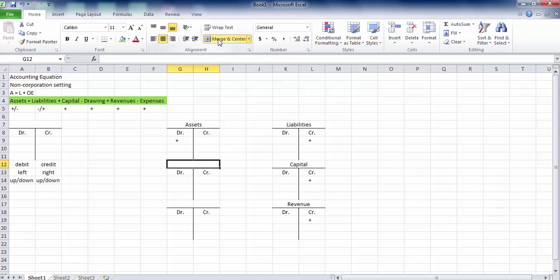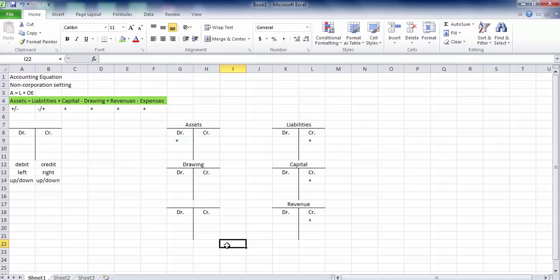Let's go over here and let's label this one drawing. And this category, if you notice, if we look at the green equation, it is also on the opposite side of that equal sign. But what does drawing have in front of it that liabilities, capital, and revenue did not? And if you notice the minus sign, good job. So even though drawing is on the right side of the equation, it's working against that side. It's working opposite of how that side goes up.